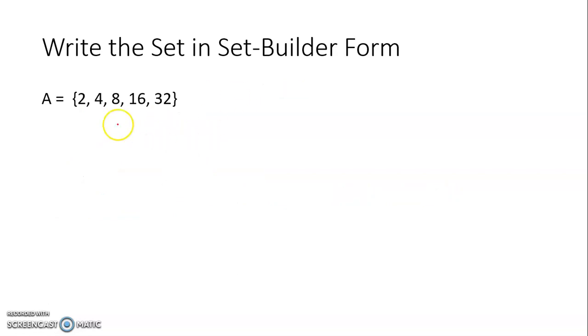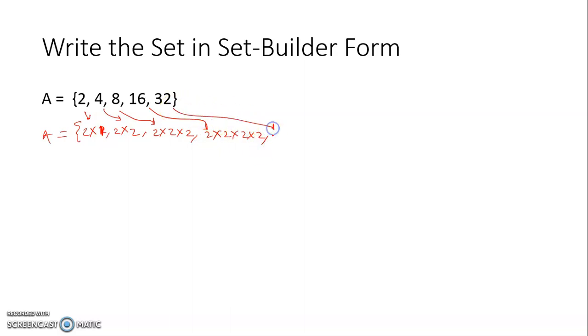Second question, second set builder form, once again 2, 4, 8, 16, 32. I think everybody can easily see it. It can be written as 2 into 1, sorry, the first element 2 can be written like this. 4, if you see, can be written 2 into 2. 8 can be written 2 into 2 into 2. 16, on the other hand, can be written 2 times 2 times 2 times 2.